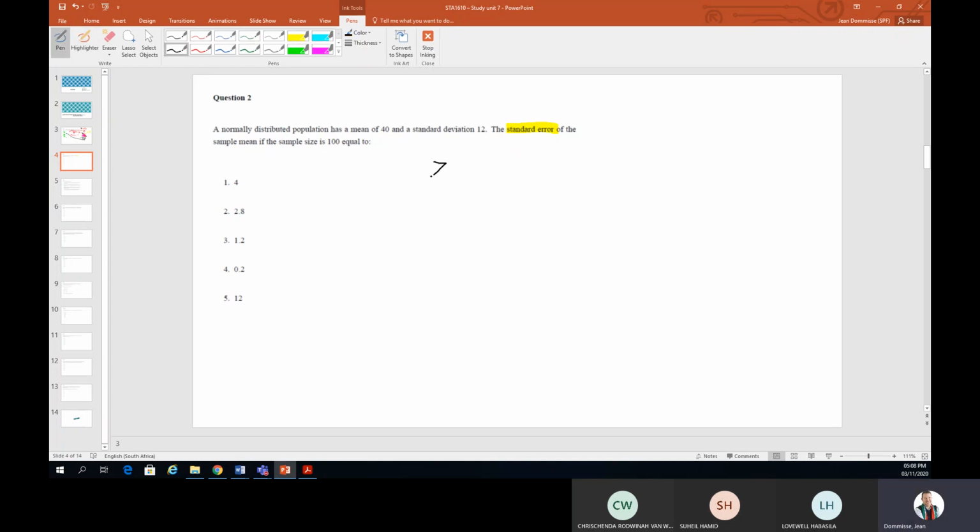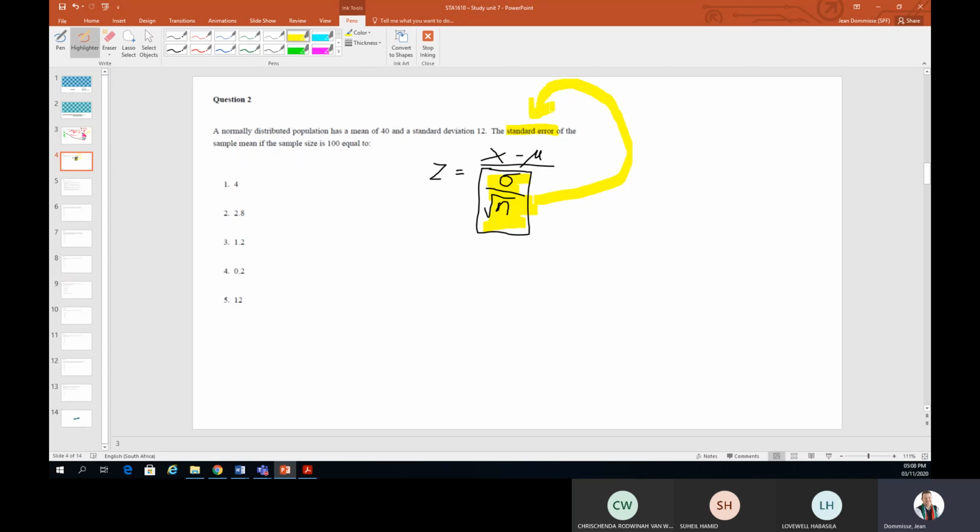So when we have this Z that we need to work out, this part, the standard deviation divided by the square root of n, this is what we call the standard error.